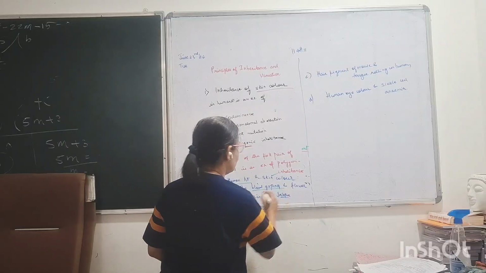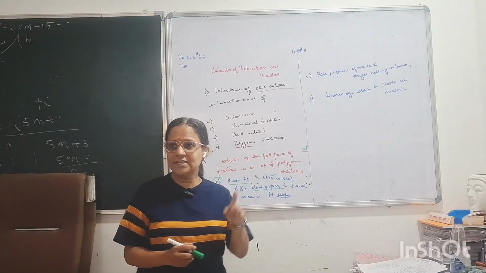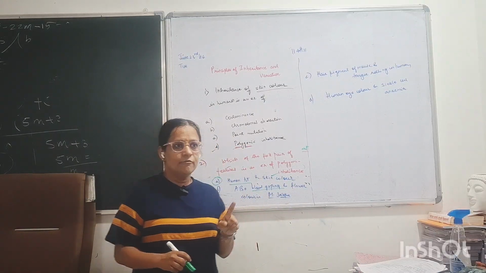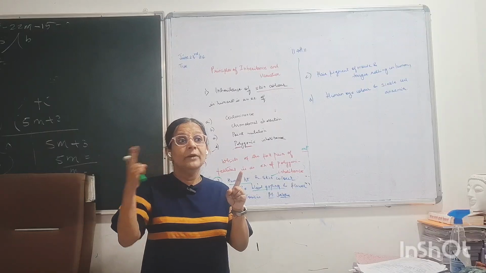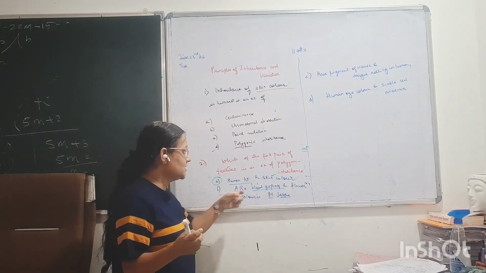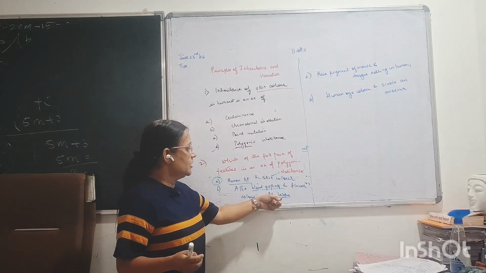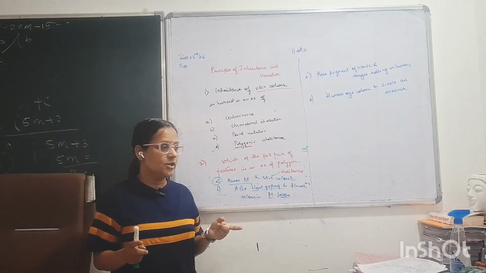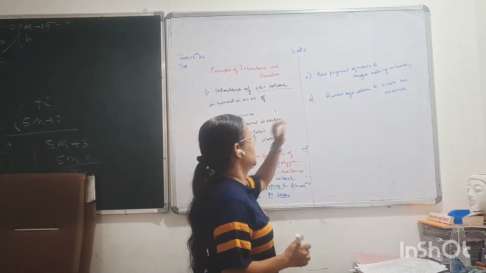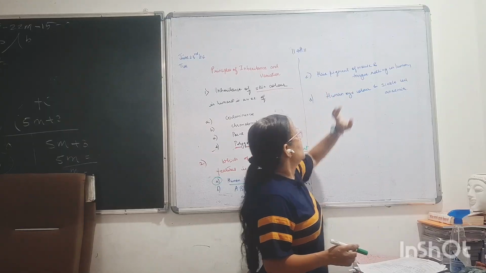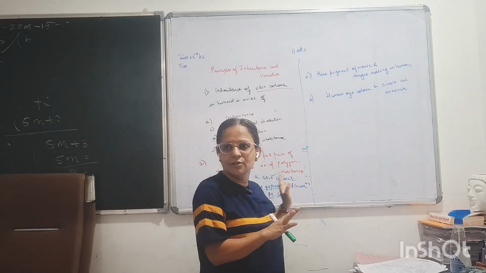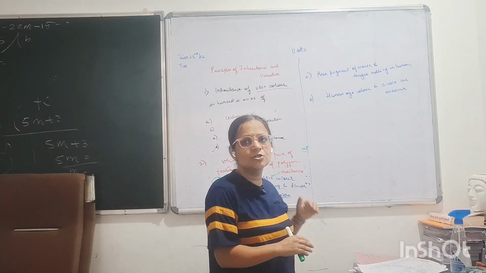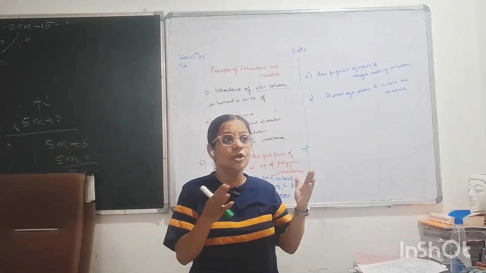Now ABO blood grouping, we have seen ABO blood grouping is an example of multiple allelism, wherein you have single gene and many alleles. It's not an example of polygenic. Mirabilis jalapa is again an example of incomplete dominance, so this is not polygenic inheritance. Hair pigment of mouse has nothing to do with polygenic inheritance, because we have studied polygenic inheritance in humans.